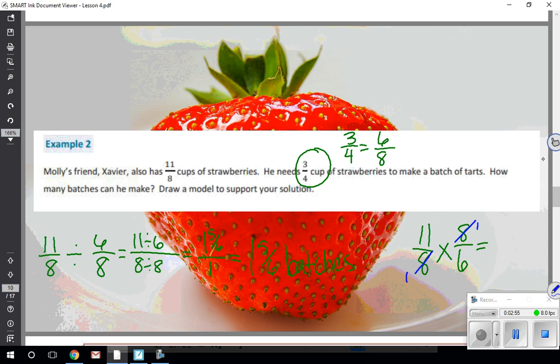And then we have 11 times 1 is 11. 1 times 6 is 6. And 11/6 is an improper fraction, which can read 11 divided by 6. Well, I can get 1 full set of 6 out of 11 with 5/6 left over. So again, I still get the same answer.